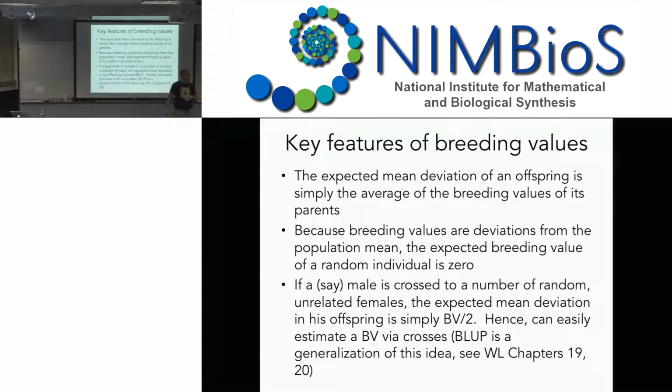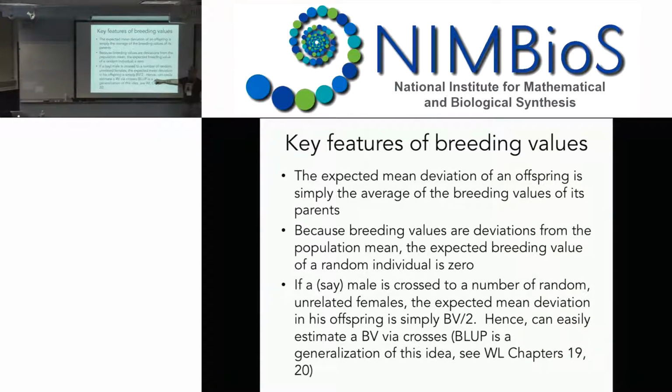Kind of hard to do in humans, but I can certainly do that in any organism that I can breed. We can also take that idea and use a procedure called mixed models to estimate breeding values by simply knowing sets of relatives. BLUP stands for Best Linear Unbiased Predictors. We won't talk much about that, but much of modern quantitative genetics is basically done by using this basic idea about relatives and extending it up.